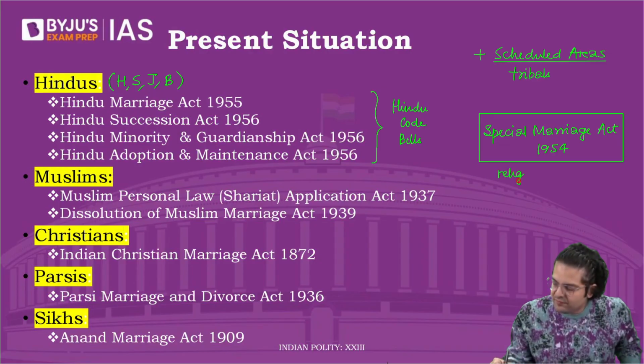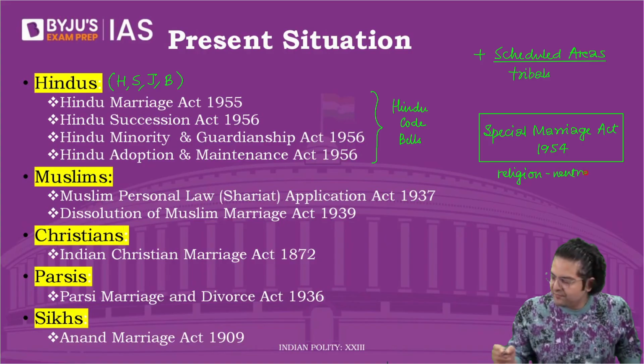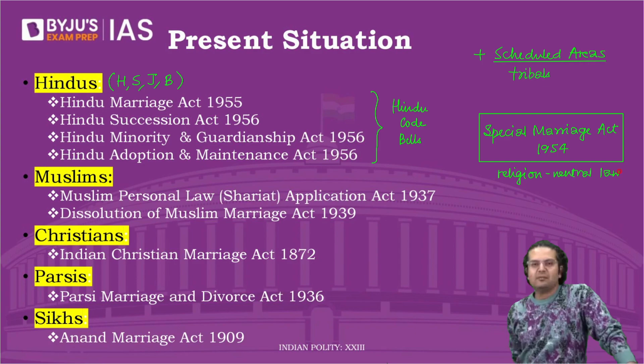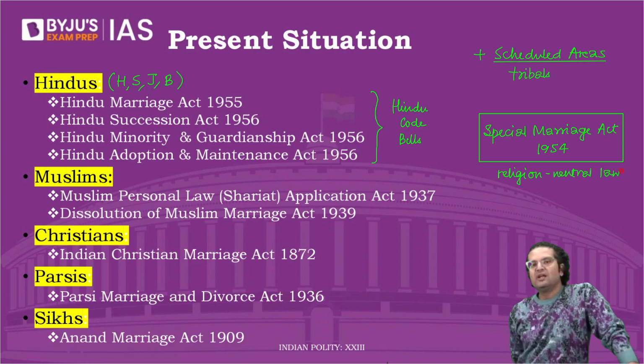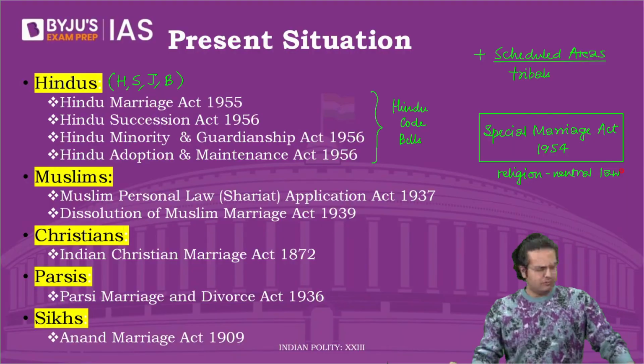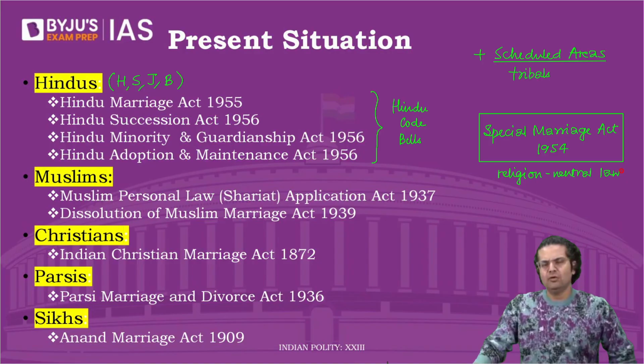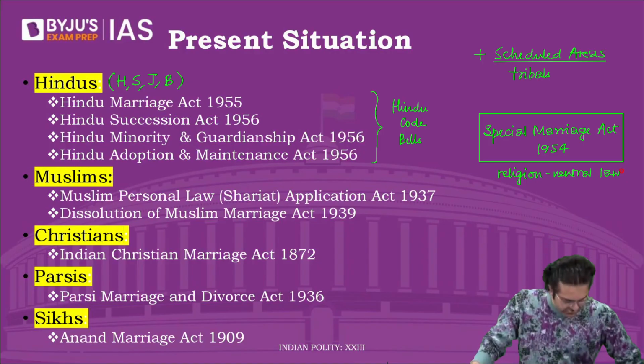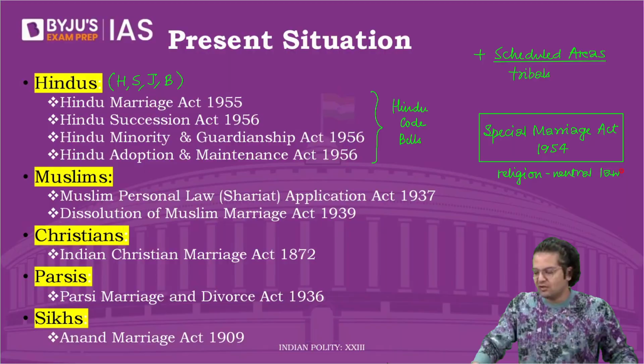Meaning, if you get married, if you are, say, a Hindu and get married to a Muslim and nobody wants to convert, then you can get your marriage solemnized under this law. Now, anybody can. If you are a Hindu and marrying a Hindu or a Muslim marrying a Muslim, you can still go and get your marriage registered under Special Marriage Act.